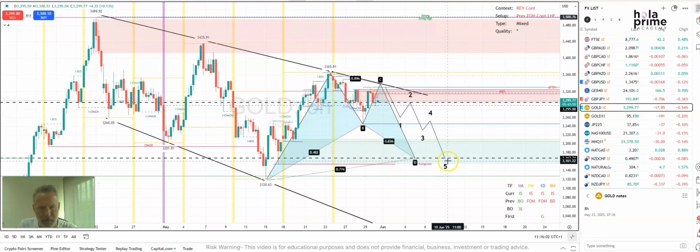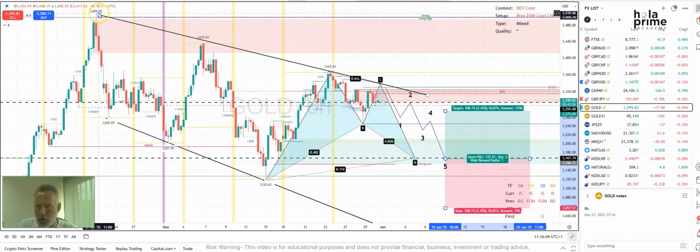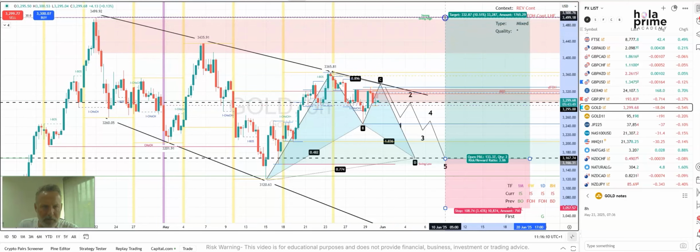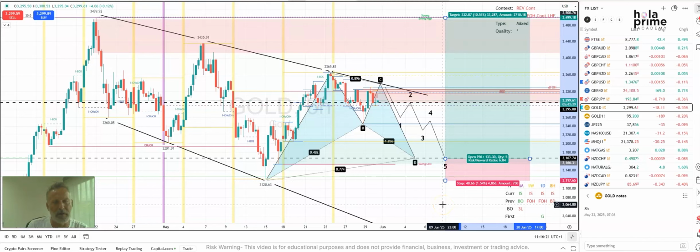But if I get long here, I know my target level, 3,500. Break of formation is below 3,120. I move this up to a break of formation, and it gives me around about 6.8 R.